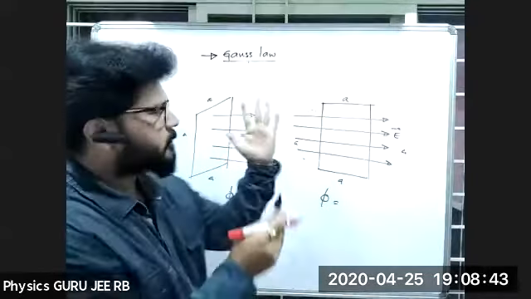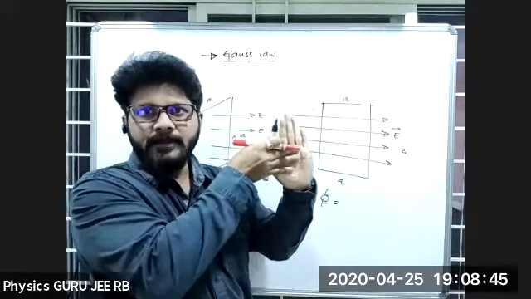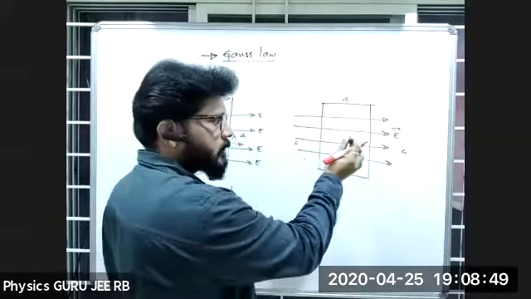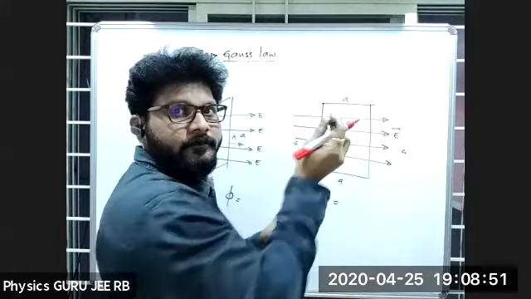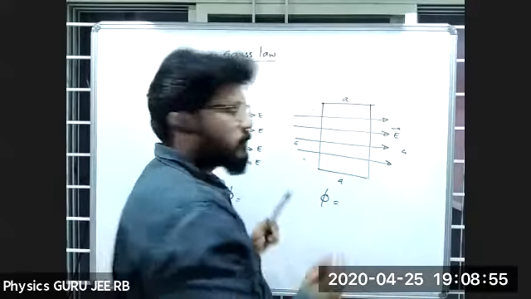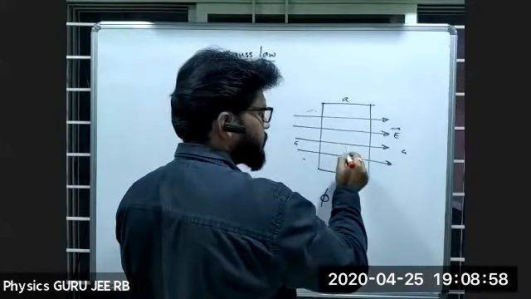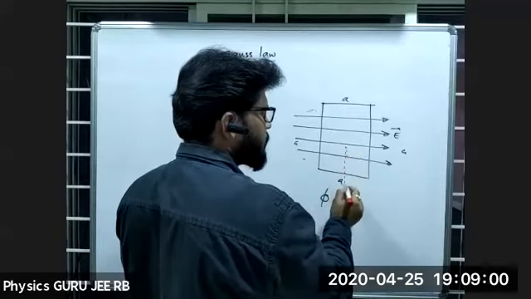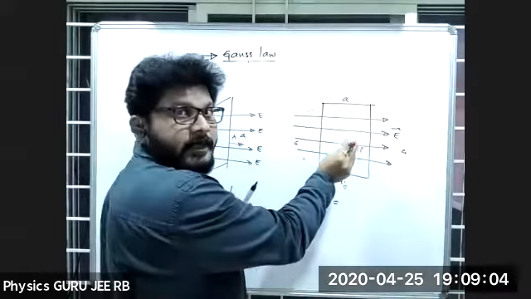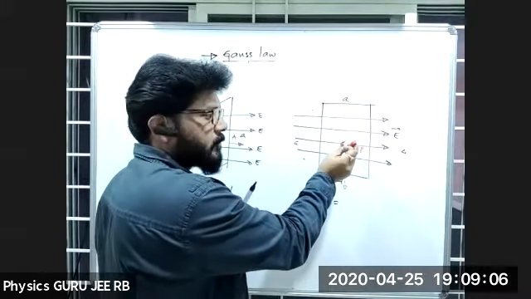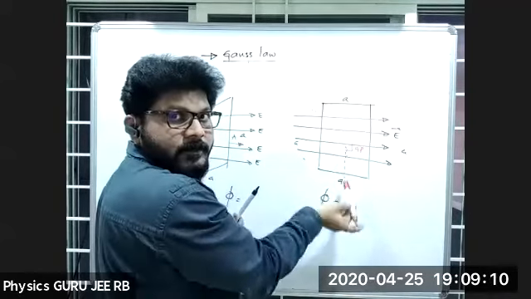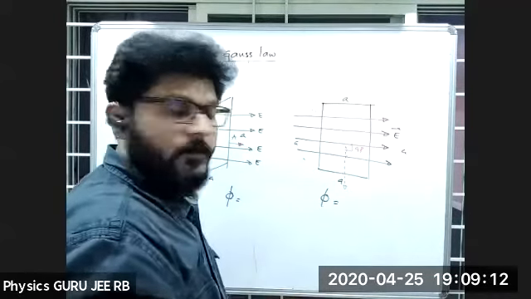In the second one, these are the electric lines, so the normal looks like this, right? Three dimensional we cannot show, so I'll show it like this: the normal makes an angle of 90 degrees with the lines.